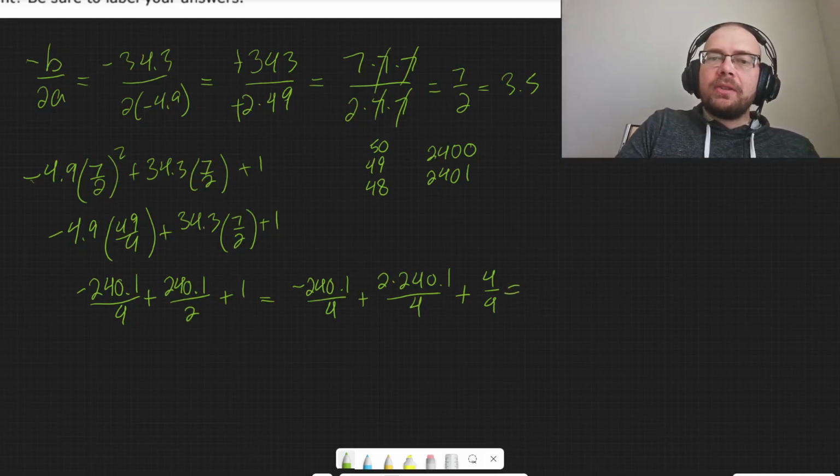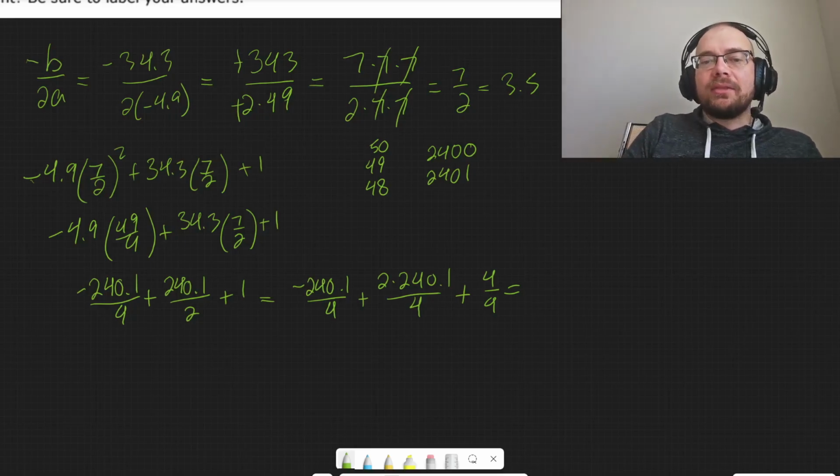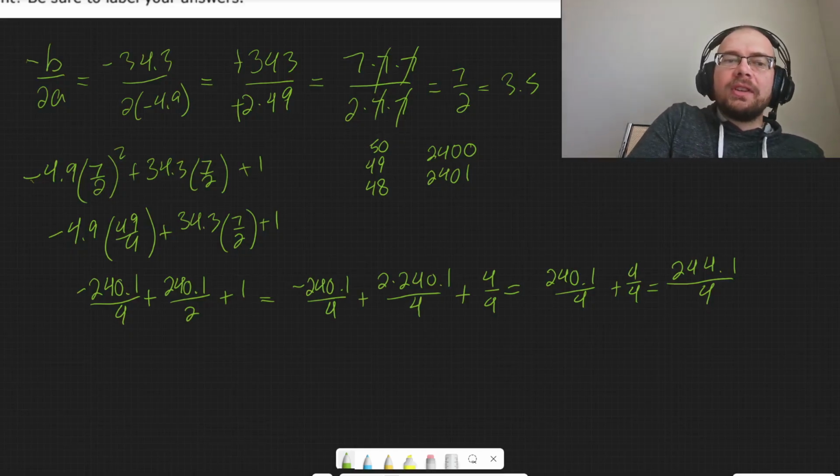So if I'm going to do 2 times 240.1 and then subtract 240.1, I'm going to get 240.1. So 240.1 over 4 plus 4 over 4, and that's going to be 244.1 over 4. And then if I want to change that into a pure fraction, that's going to be 2441 over 40.